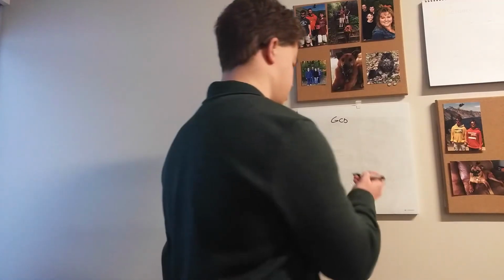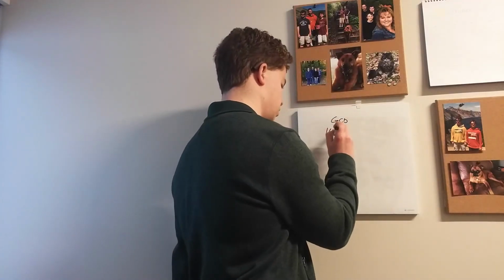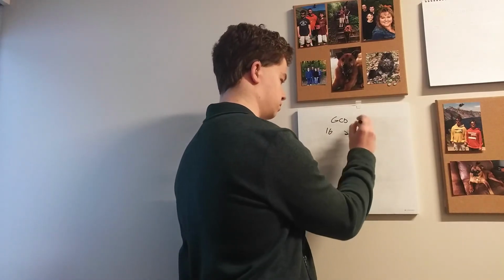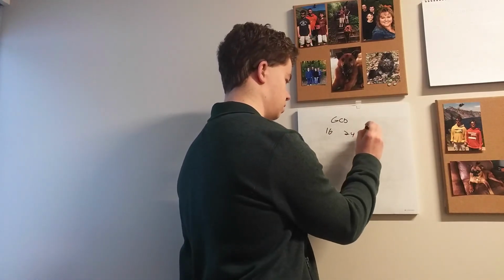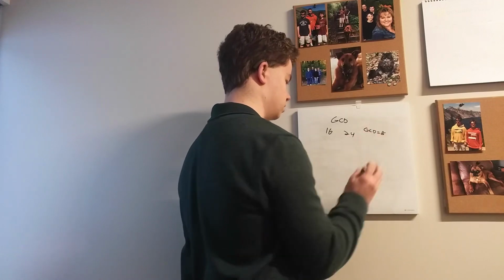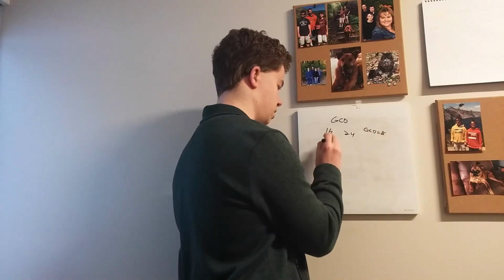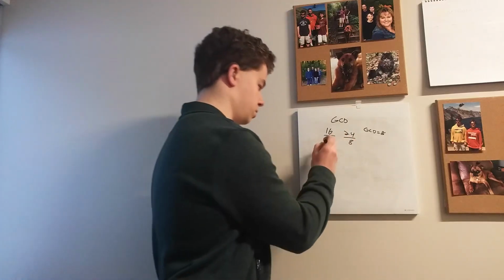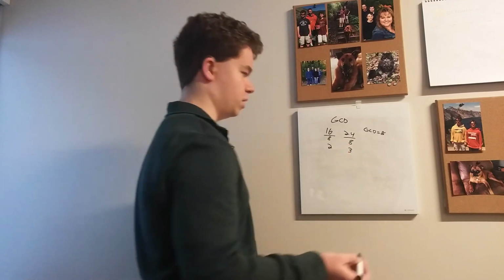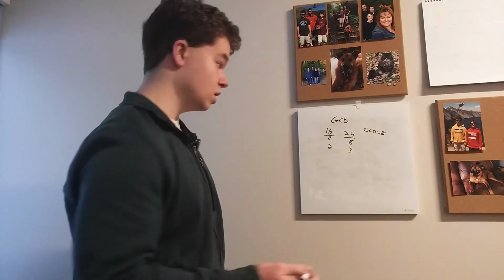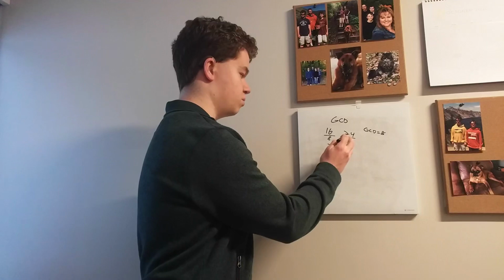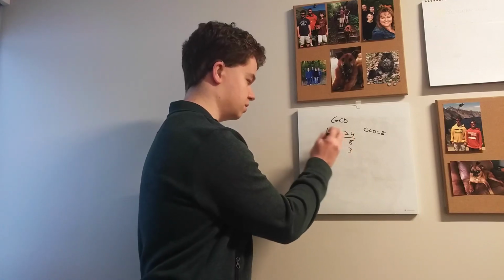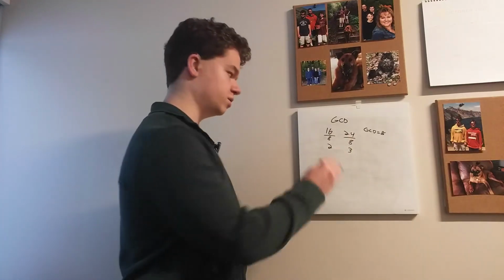So let's say you have the numbers 16 and 24. The greatest common divisor in that case would be 8, because 16 divided by 8 and 24 divided by 8 would be 2 and 3 respectively, right? So 8 is the highest number that is divisible into both 16 and 24 and still gives a whole number.